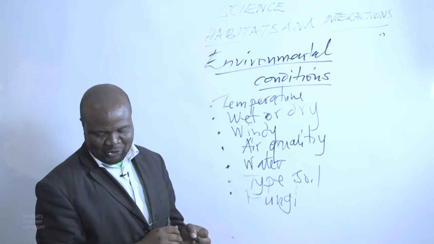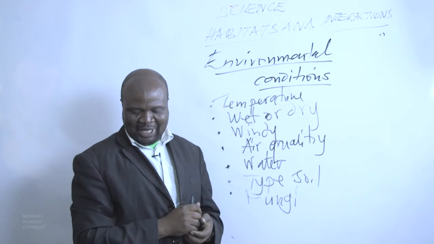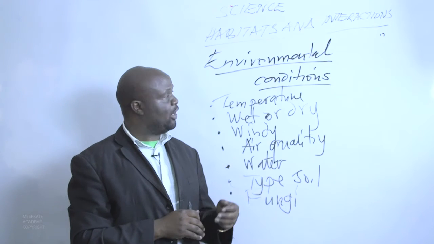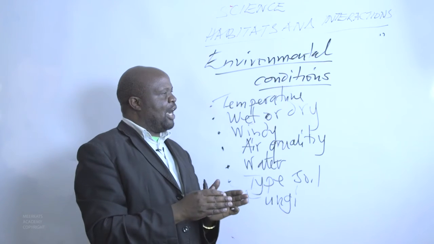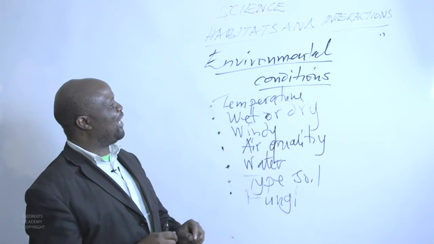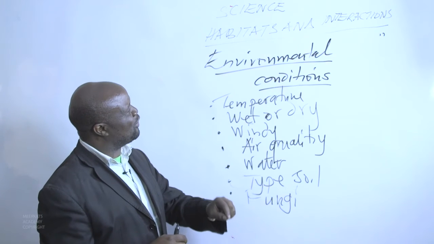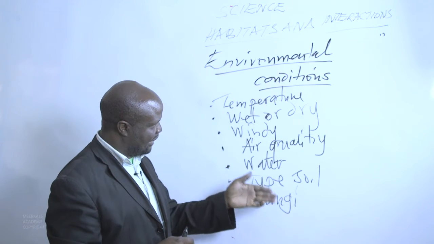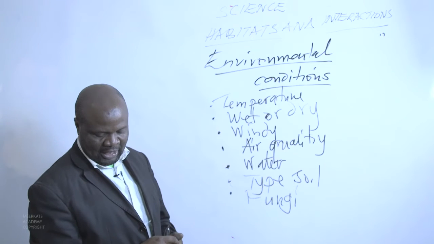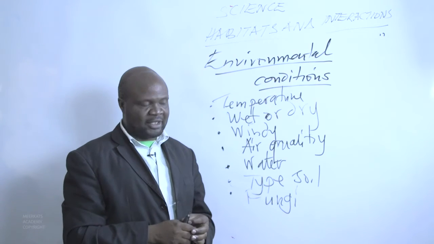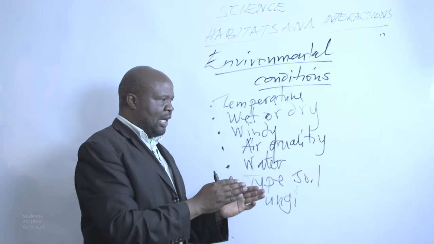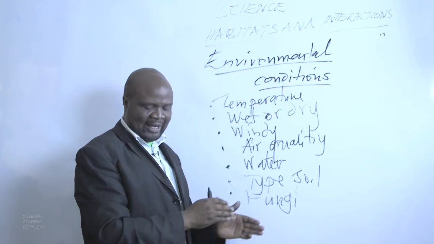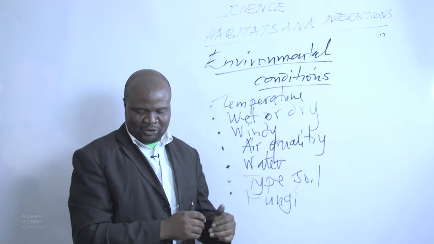Ecologists are people who are interested to study these interactions between the environment and the living organisms existing in a particular area. For instance, how do these animals live together? Do they interact so that they exist together?